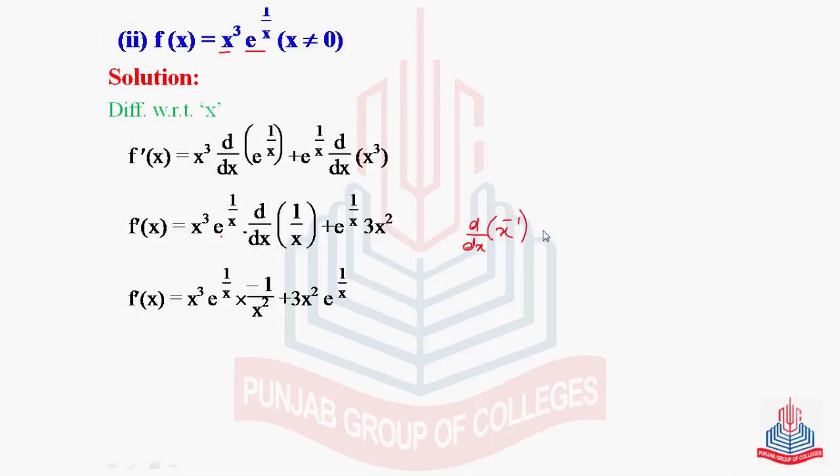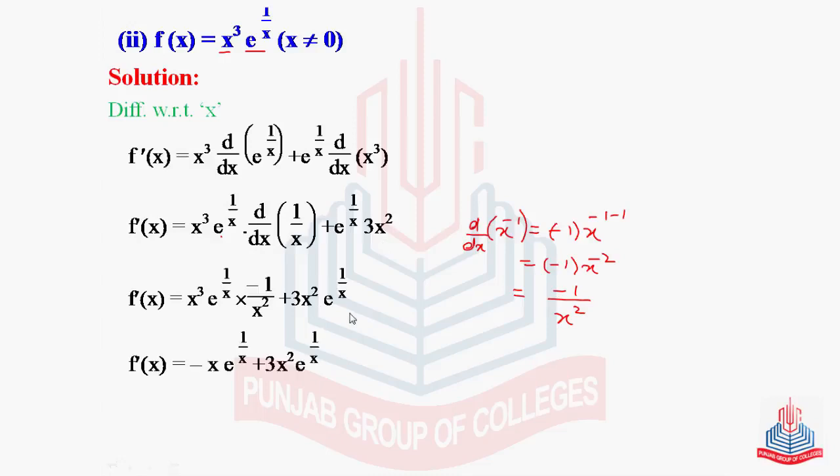That is minus 1 times x raised to the power minus 2, and finally that can be written as minus 1 over x square, which is this one. So the derivative of 1 over x is minus 1 over x square, plus e raised to the power 1 over x as it is, and this 3x square.